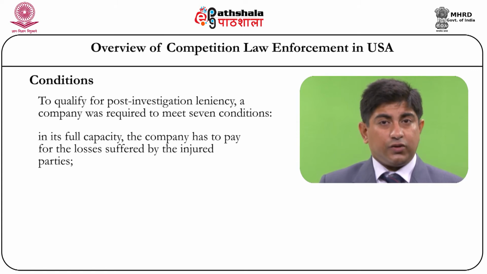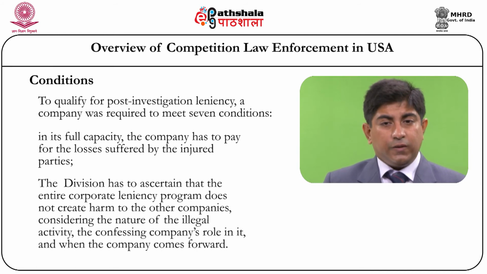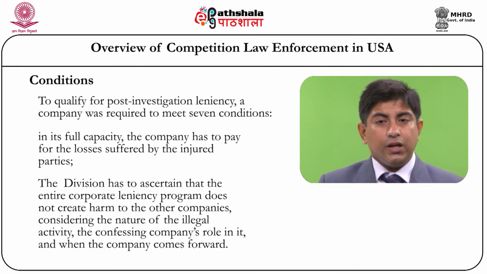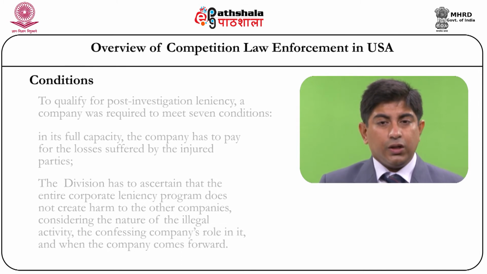In case the losses are not being paid, there are chances that the agency here, the FTC, may not allow the amnesty at the highest level. And also the division has to ascertain that the entire corporate leniency program does not create harm to other companies, considering the nature of the illegal activity, the confessing company's role in it, and when the company comes forward.